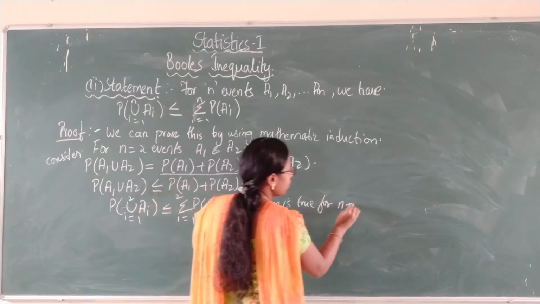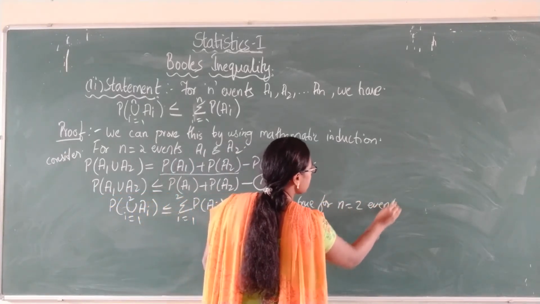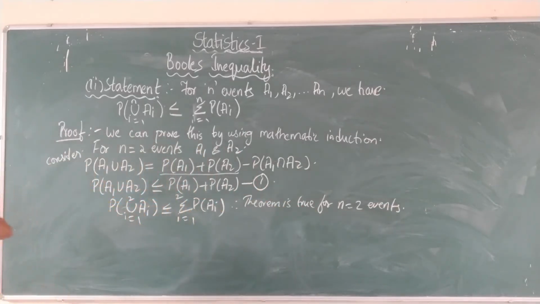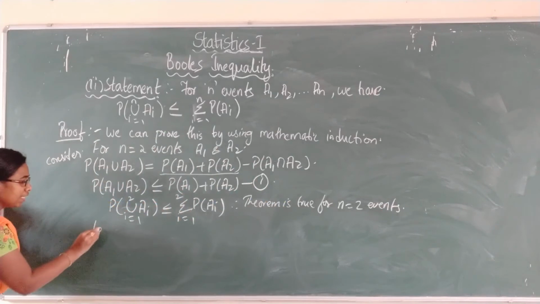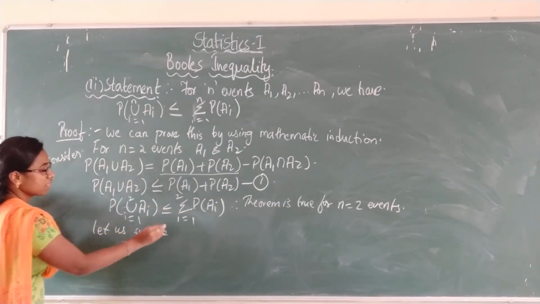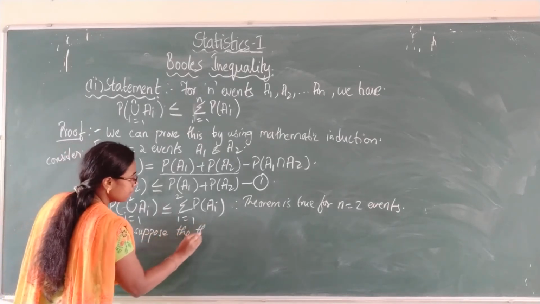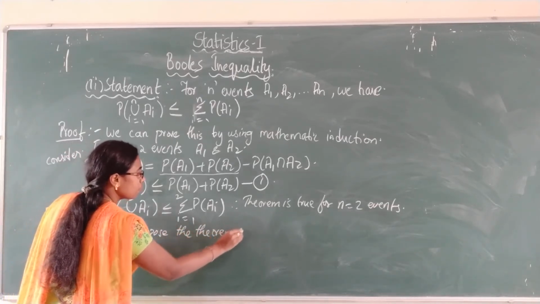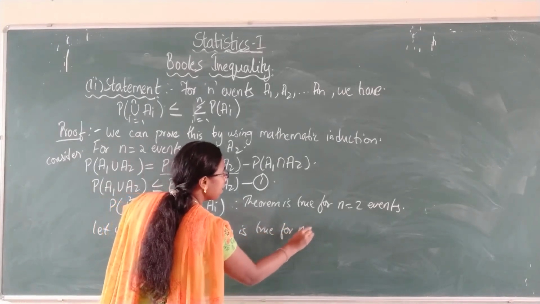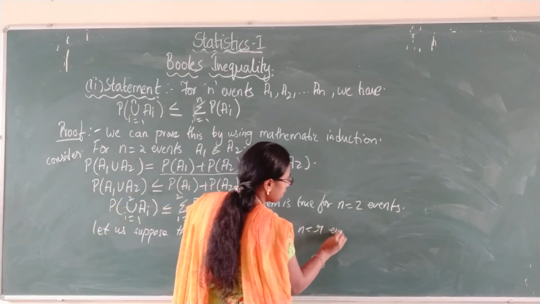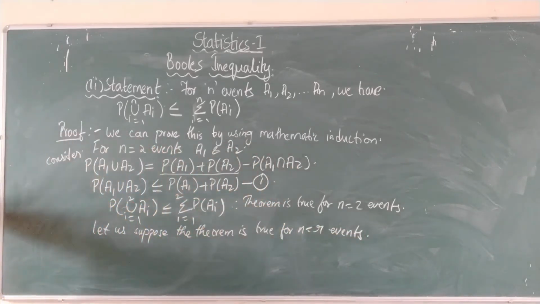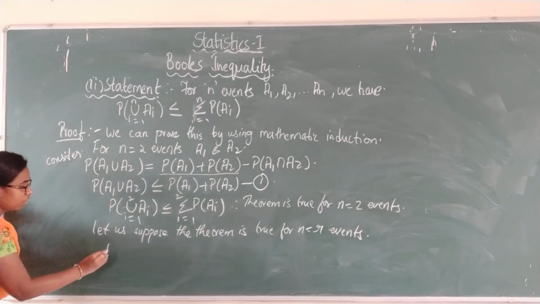So n equals to 2 events is done. After finishing n equals to 2 events, what is the next step? Let us suppose the theorem is true for n equals to r events. So n equals to r events means what we will be doing?